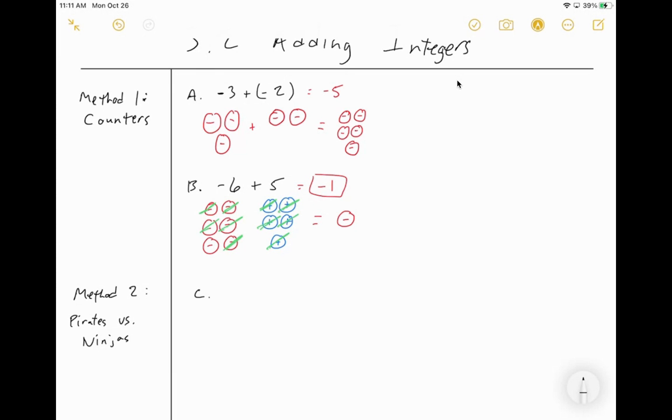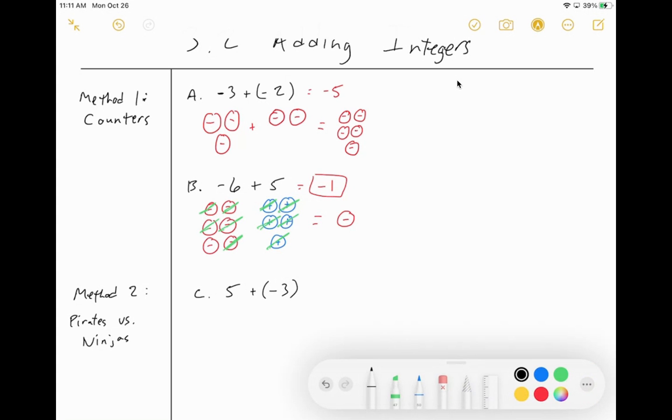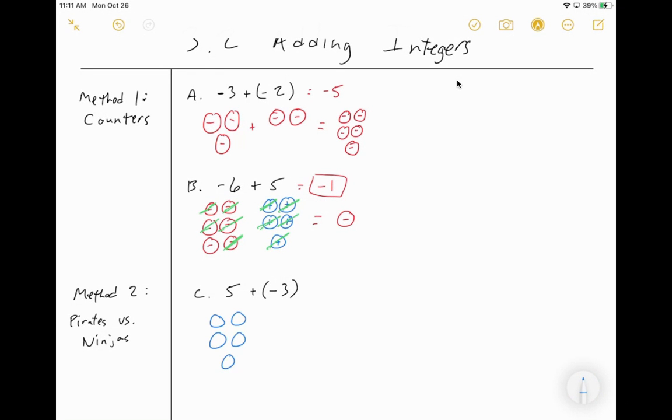Let's say you had a problem like this. You had 5 positive pirates walking down the street, and then they encounter 3 negative ninjas. What's going to happen? Let's see. So I've got 5 positive pirates. 1, 2, 3, 4, 5 pirates. They're positive. They have eye patches.